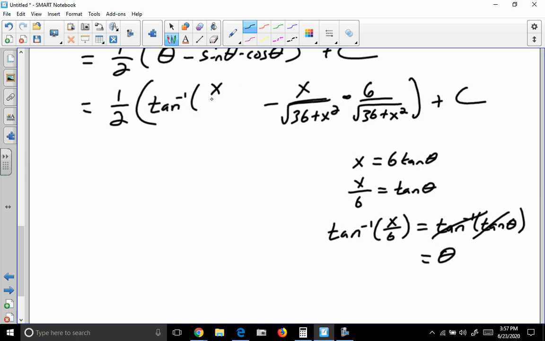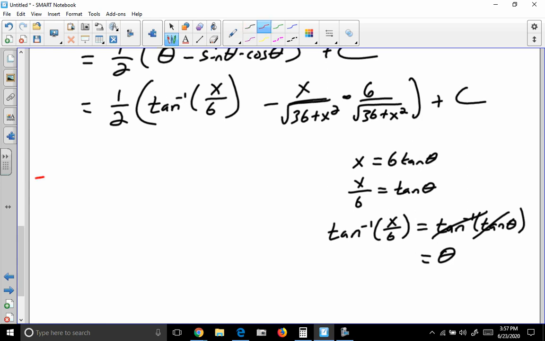So notice we still have a trig expression in here, but it's all in terms of x, not in terms of theta. Also, you could think of it, if this is our angle and that's our ratio, then when we take inverse tangent, our input is the ratio, the output is the angle. So inverse tangent of the ratio is equal to the angle.